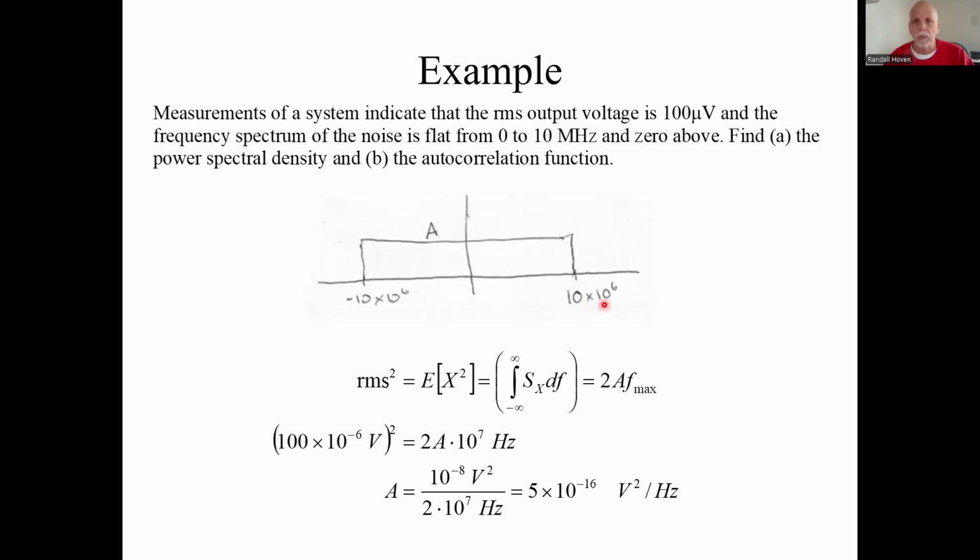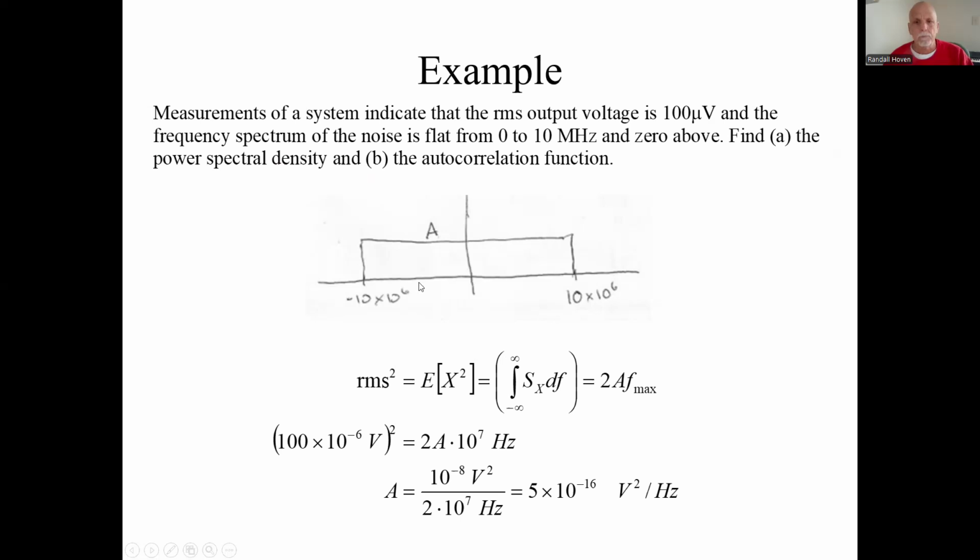These frequency units are hertz, 0 to 10 megahertz. And it's flat over those frequencies, but we don't know how high up it goes.